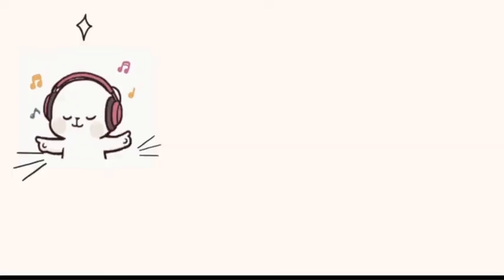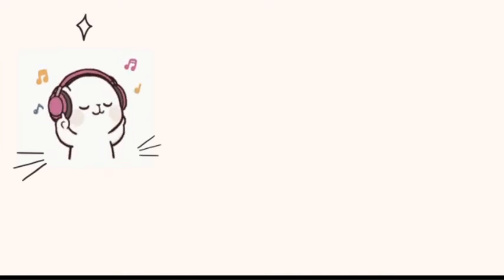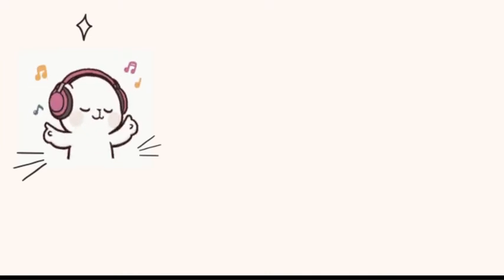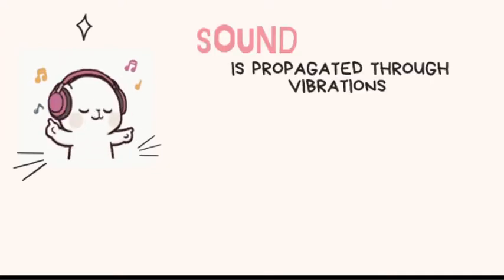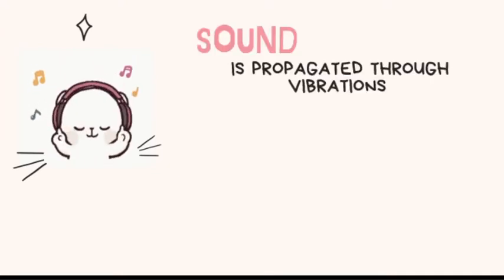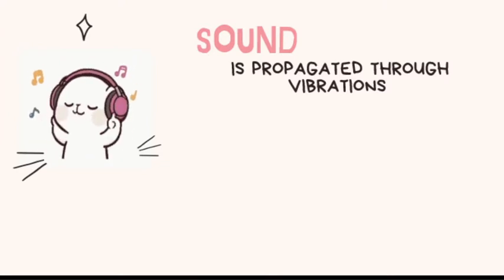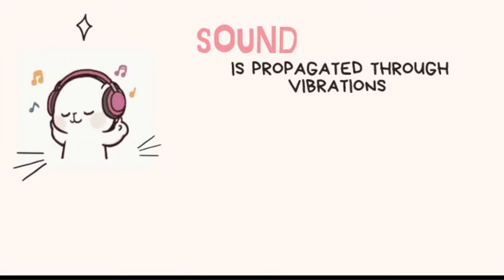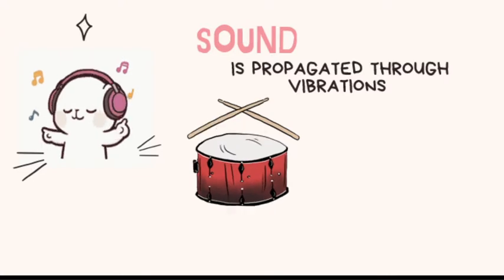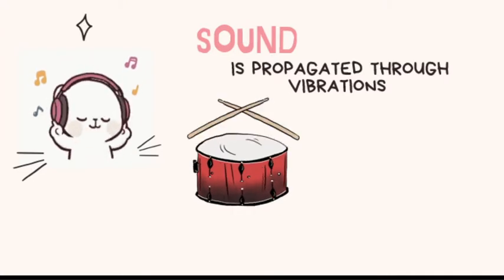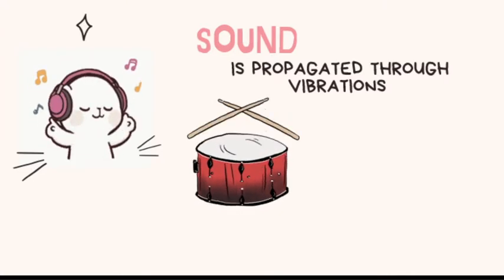Let us begin our discussion on how sounds are propagated. Sounds are propagated through vibrations. Sound can be produced when you tap or hit objects that cause them to vibrate. For example, when you hit the drum, the surface vibrates, that causes it to propagate or produce sound.